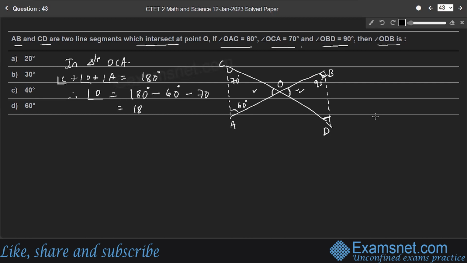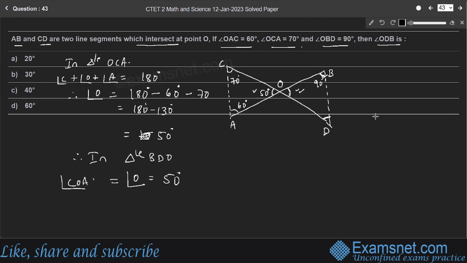Therefore, it is 180 minus 130 degree. So angle O is 50 degree. Therefore, in the other triangle, BDO, angle O is 50 degree, right? Because angle O is equal to angle COA in triangle OCA, because these two are vertically opposite angles.